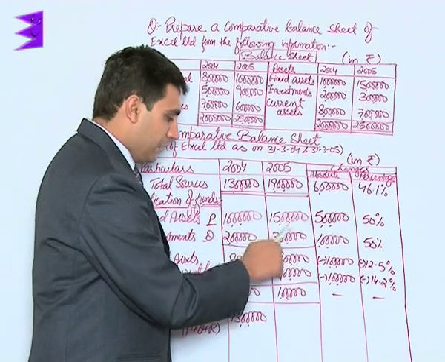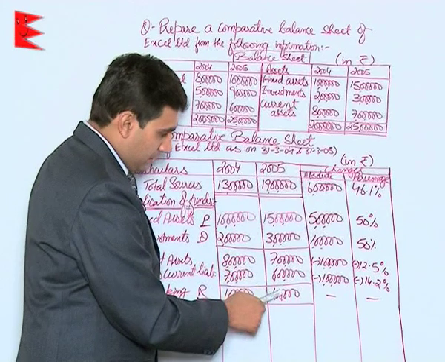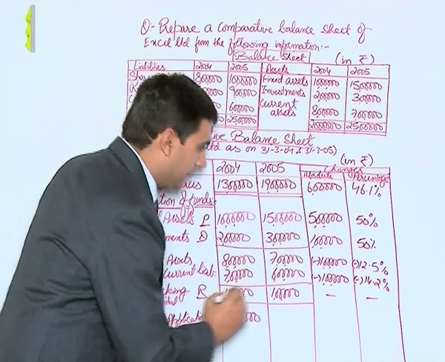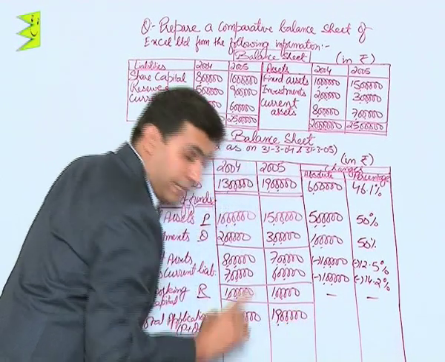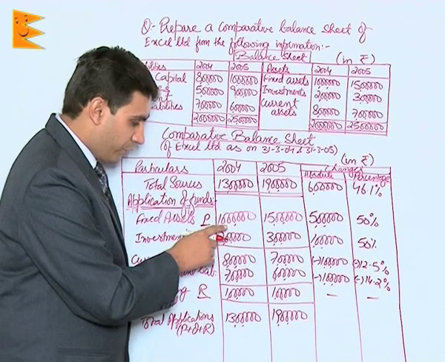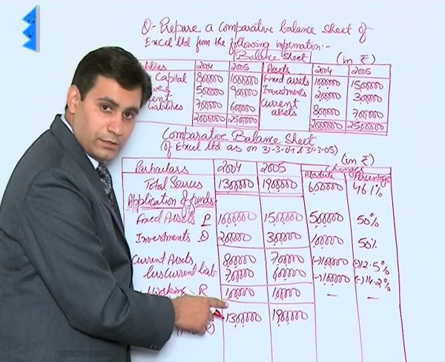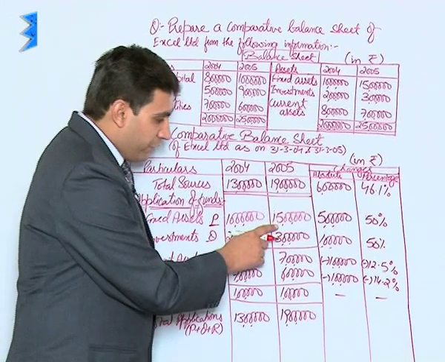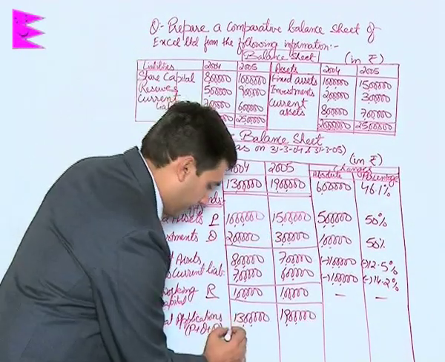Then 15 plus 3, that is 18, plus 1, that is 19 lakhs. Again, understand it carefully. It is P plus Q plus R. So for first year it would be 10 lakh plus 2, that is 12, plus 1, that is 13. And for the second year it is 15 lakh plus 3, that is 18, plus 1, that is 19 lakh.